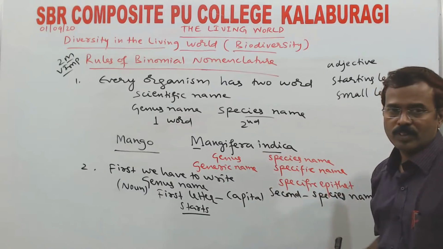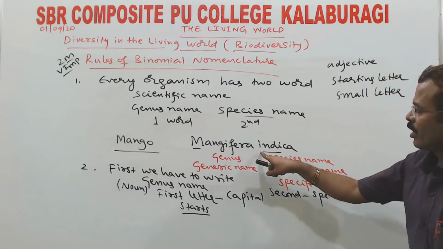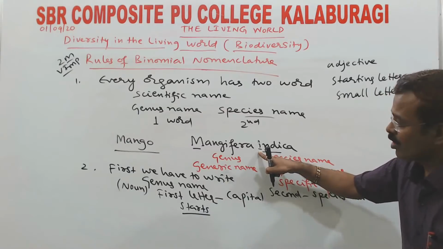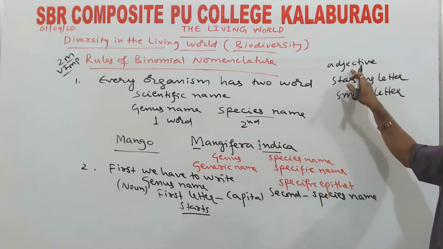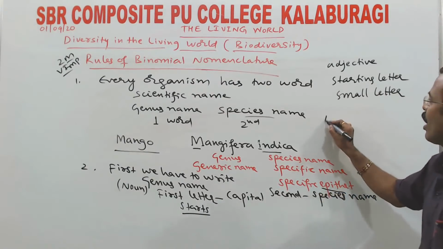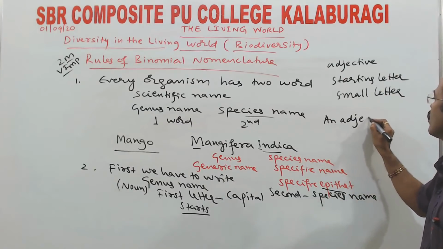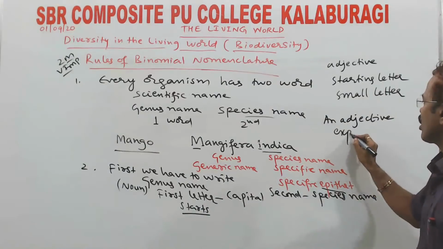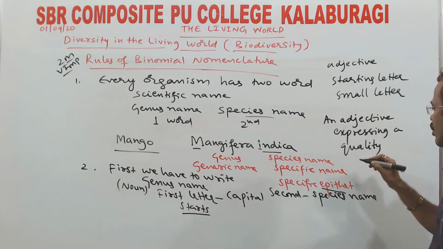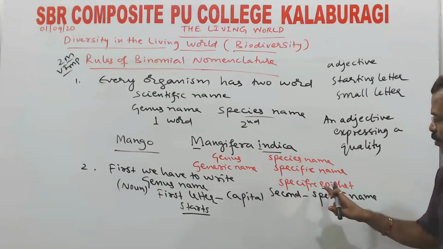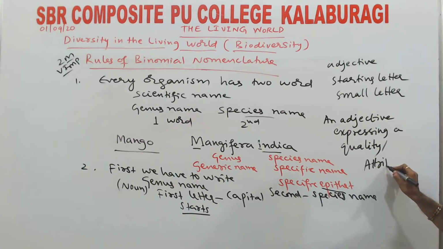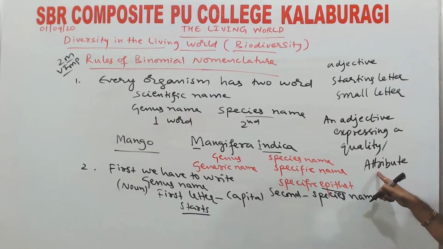Indica is the species, and its first letter should be small. It is an adjective. Epithet means an adjective expressing a quality or attribute.